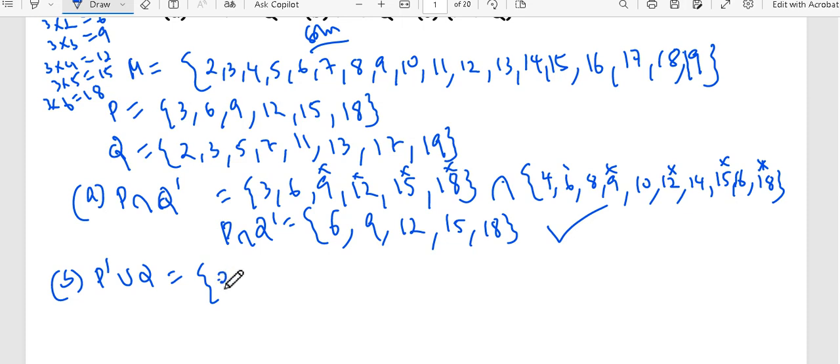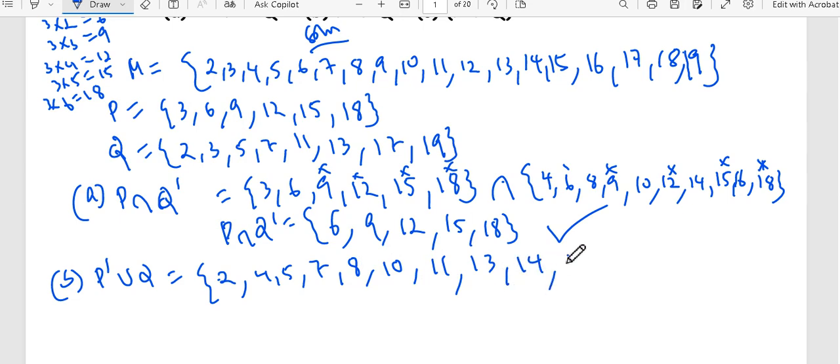We have 2, 4, 5, 7, 8, 10, 11, 13, 14, 16, 17, and 19. So this is P prime. If you check, all of these elements are not in set P, but they are in the universal set.